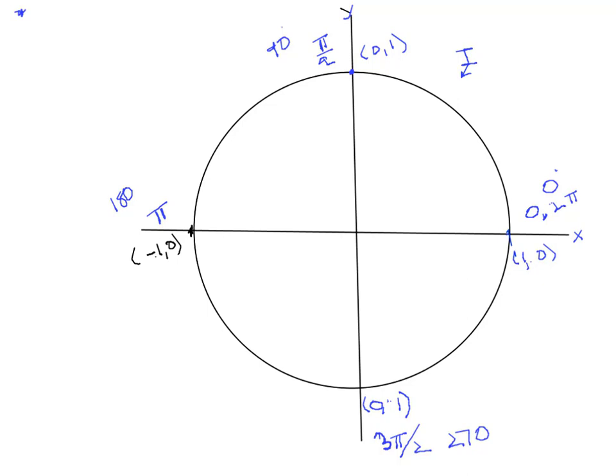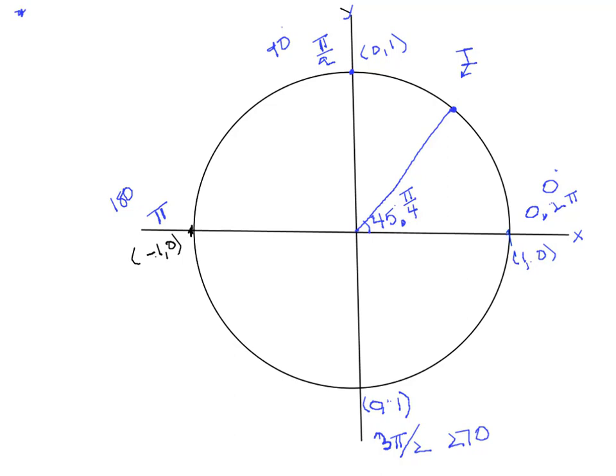Okay, so now in quadrant 1, we have a line out here. Even though it's not perfect, we're going to call this 45 degrees, which is the same as pi over 4. Okay?